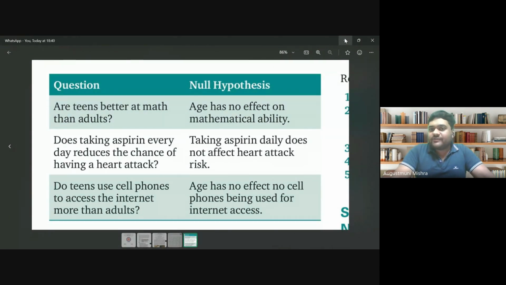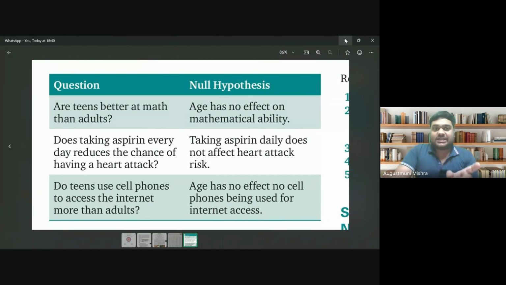Now, what will be the null hypothesis of that? Taking a daily aspirin dose does not affect heart risk. Whatever the questions are, on the basis of that you are making assumptions about what you want as a result with the help of research.